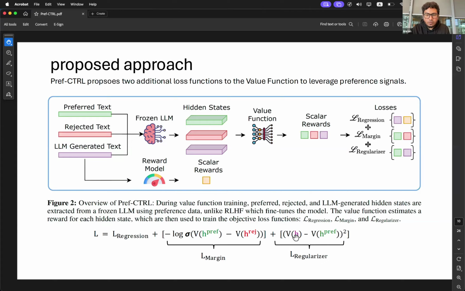Okay. So we are training the value function to regress between the generated sentence's score and the preferred sentence's score, instead of the actual target reward and the generated sentence. The usual issue with relative objective functions is that if you don't anchor on an absolute value, you can make both go down.